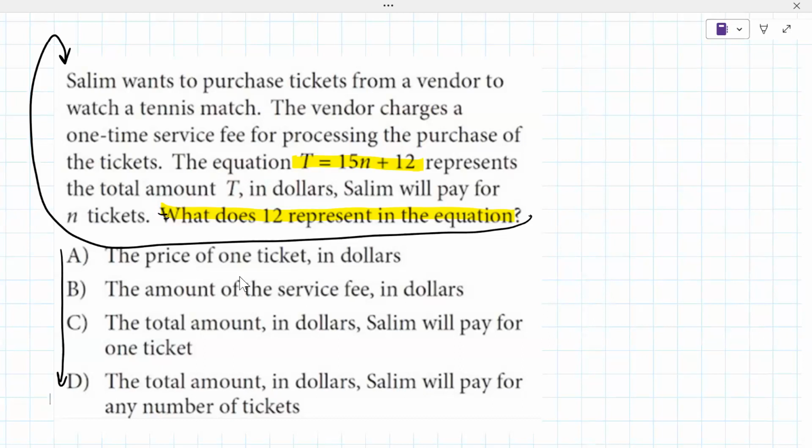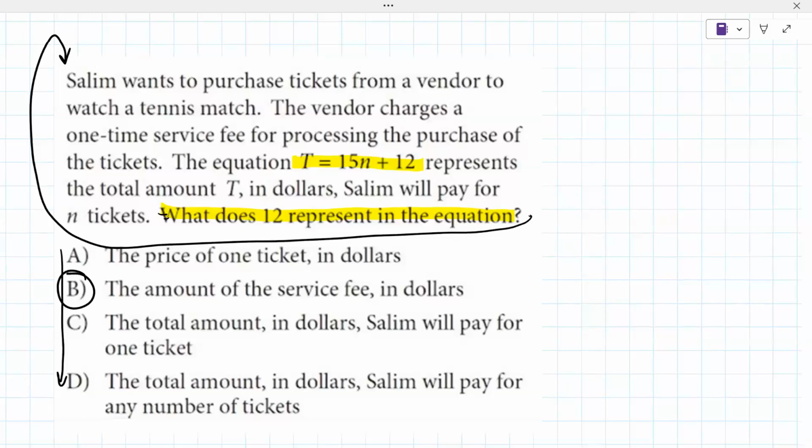Probably the service fee. Agreed. It's definitely like a service fee. So which one is that? B.